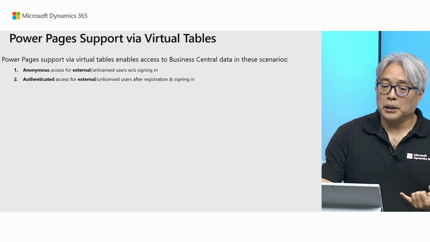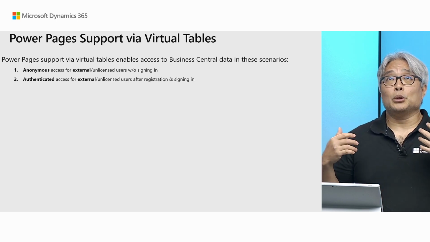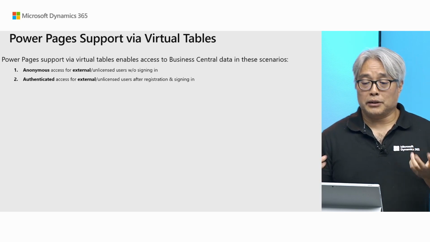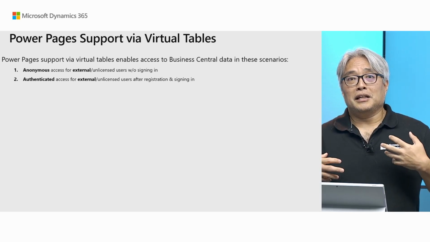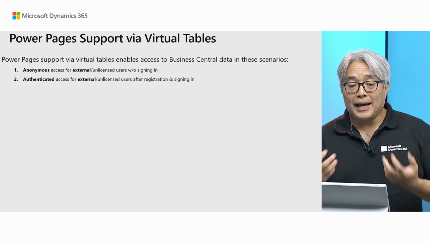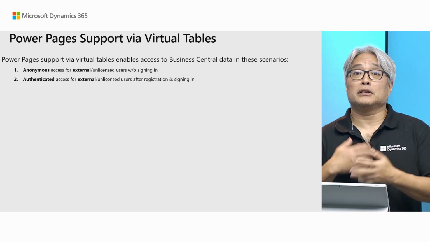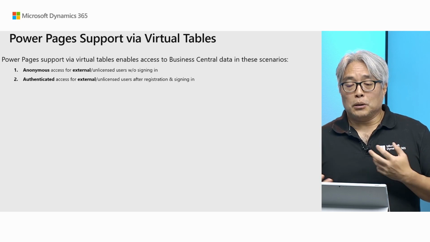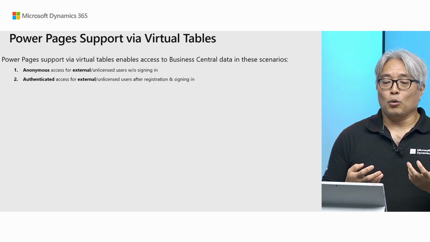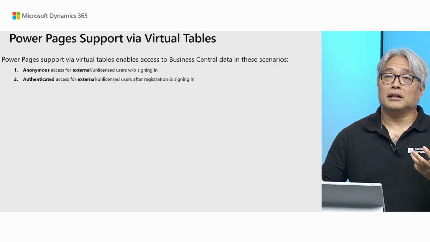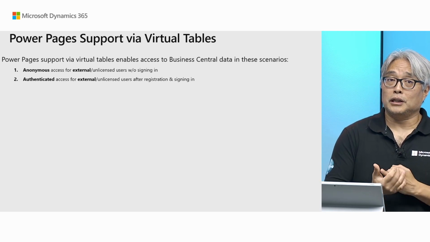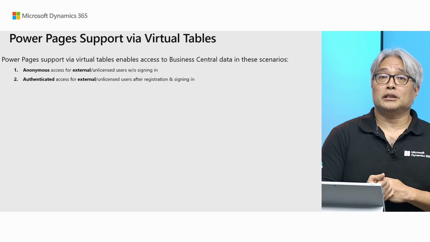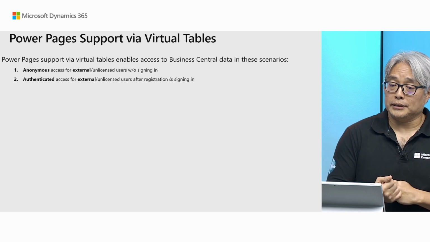That's the first scenario. The second scenario is, if you allow those external unlicensed users to sign in, then the scenario becomes authenticated access for those users after registration and signing in. So that's also a way for us to show relevant data to those authenticated users. Those are the two new scenarios introduced with Power Pages access.